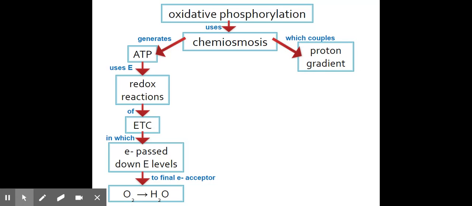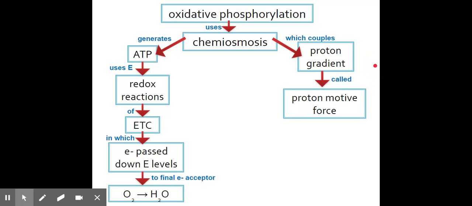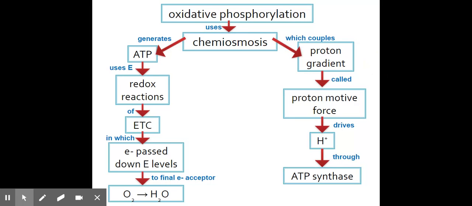Chemiosmosis also couples with that proton gradient, which we call the proton motive force for our ATP synthase molecule. That's going to drive the hydrogen ions through our ATP synthase molecule to generate a bunch of ATP. And then that ATP can go back through and go through those redox reactions through the electron transport chain.